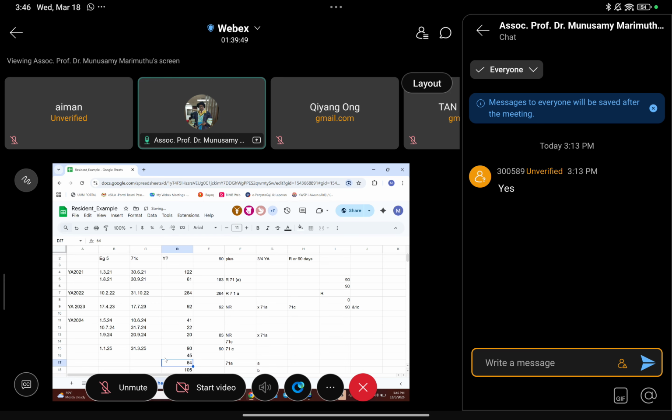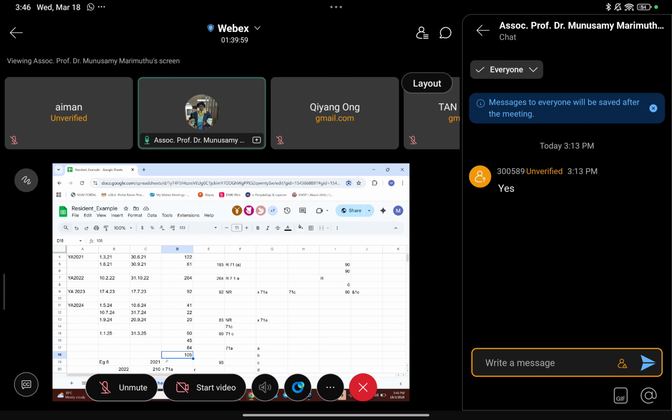Either the 90 days can happen in one consecutive period or multiple. So 105, how can we become a resident? Make sure 3 out of 4, 90 days or resident year.